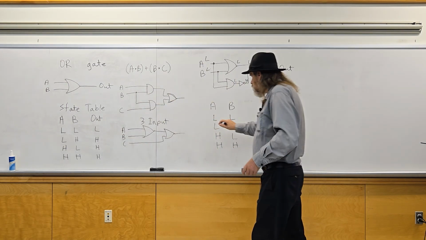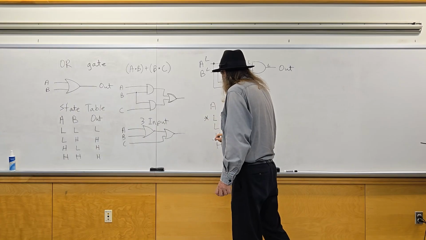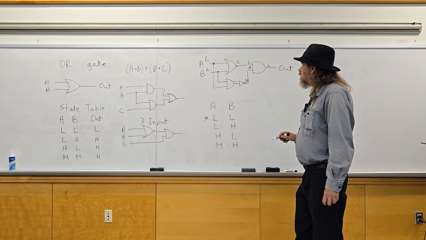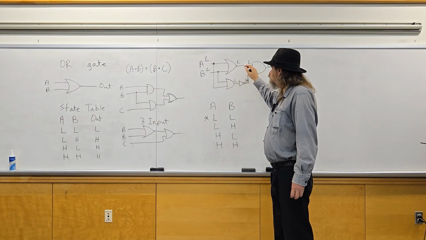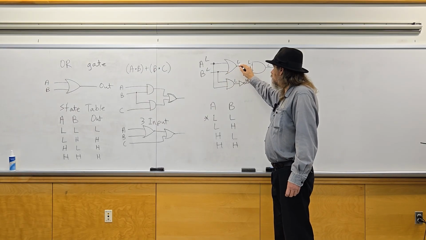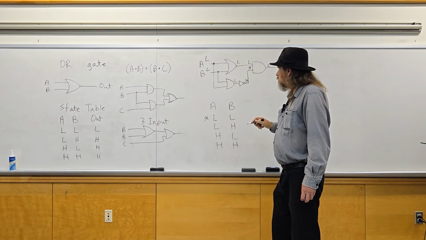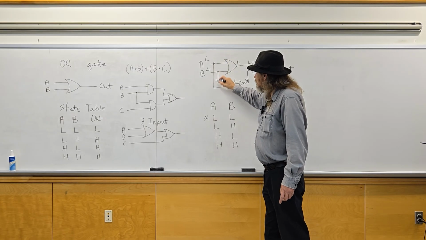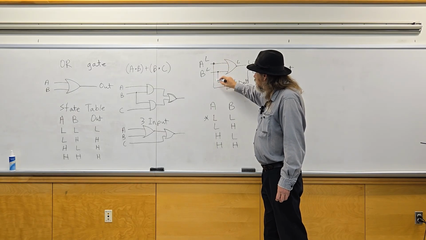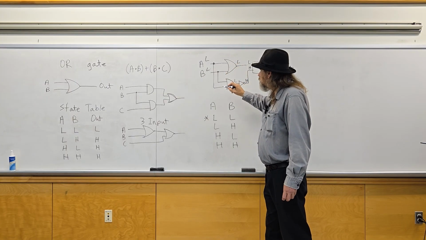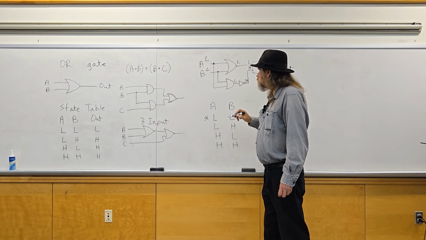We're starting with this one. So low and low make low on the OR gate. These connections here, this dot means that there's a connection between this line and this line. That is not a connection.